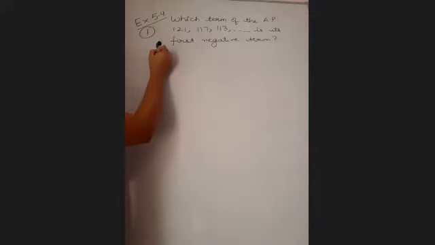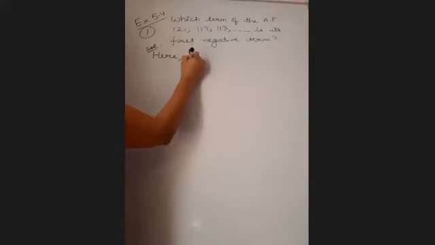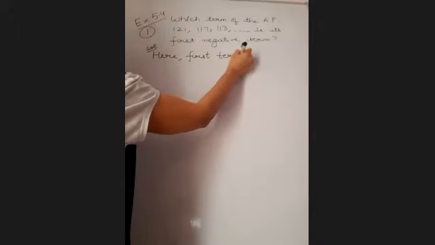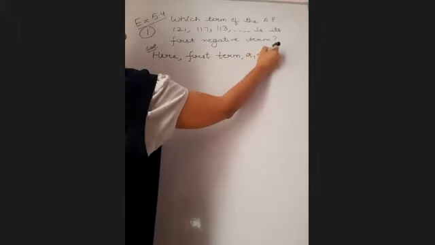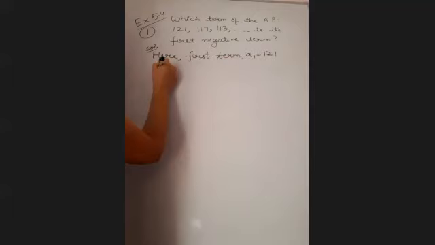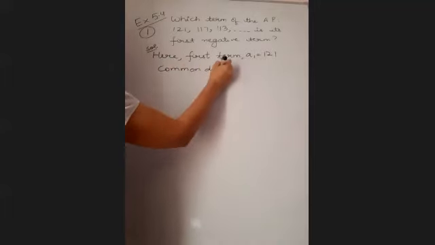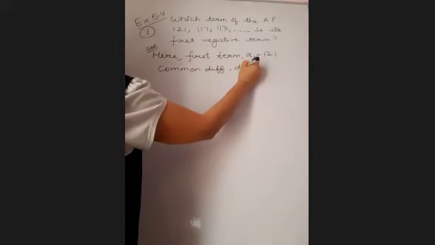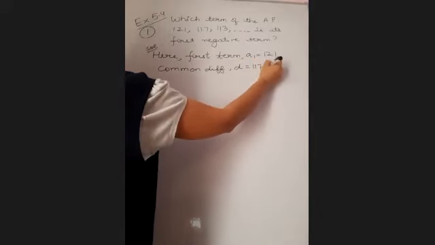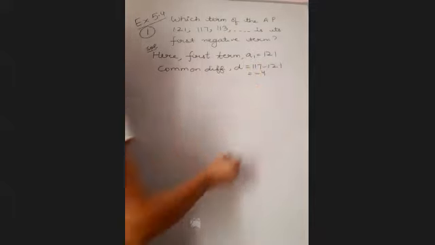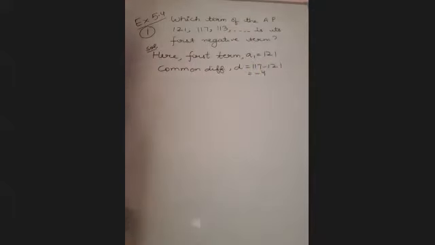So here, first term A1 is equal to 121. Common difference D is 117 minus 121, which is -4.